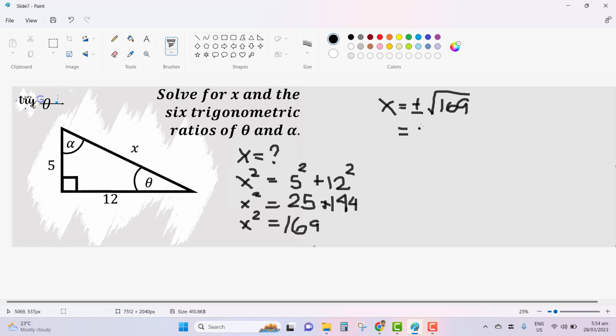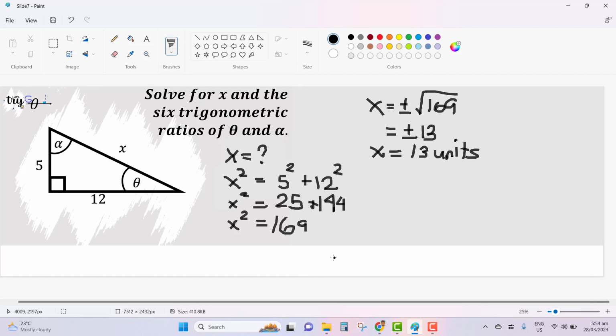In this case, plus minus 13. But since x is the side measurement, we'll only accept positive 13, and you can have here units, since we don't have an exact given unit of measurement for the length. This 13 will be used now to solve for the 6 trigonometric ratios of theta and alpha.